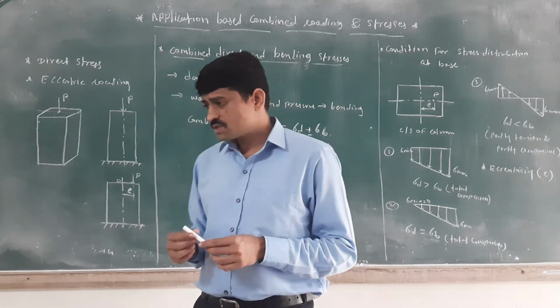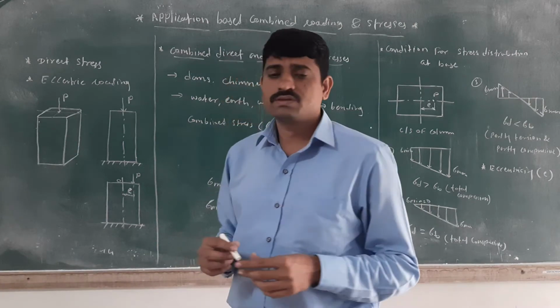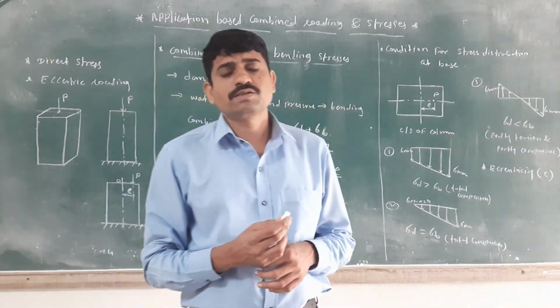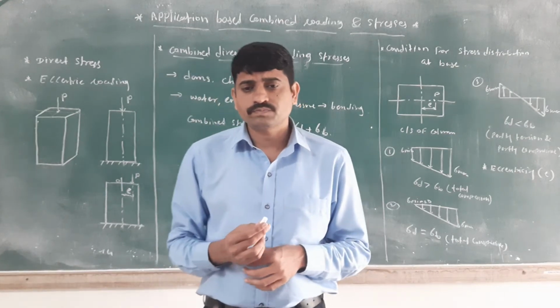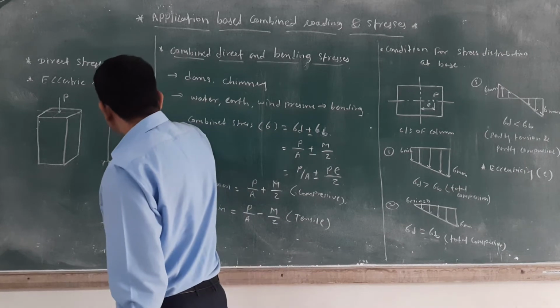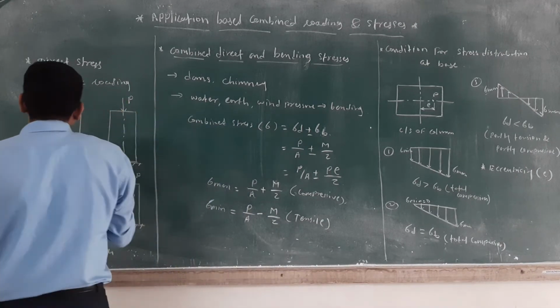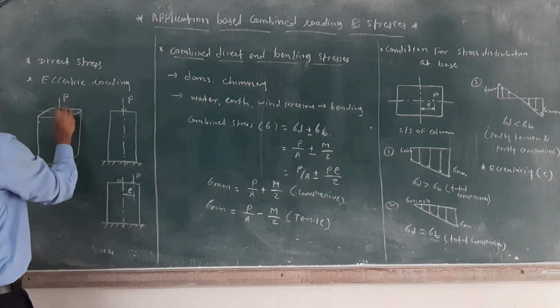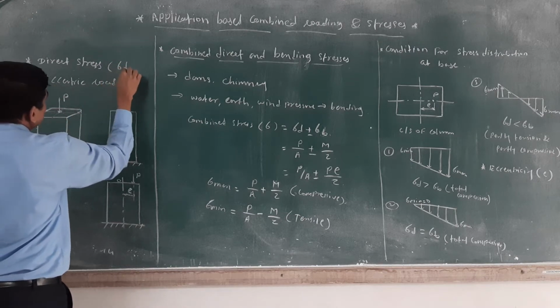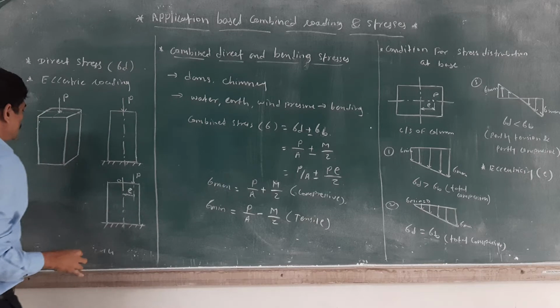First, you should know the direct stress. Direct stress is denoted by sigma d. The load which is induced along the centroidal axis of the column is known as a direct stress. It is denoted by sigma suffix d.